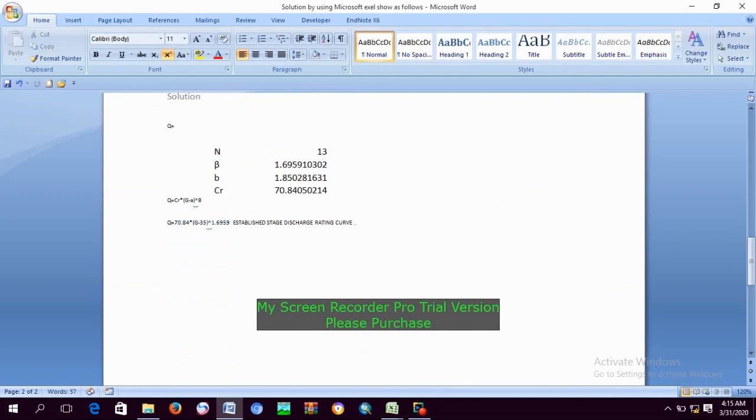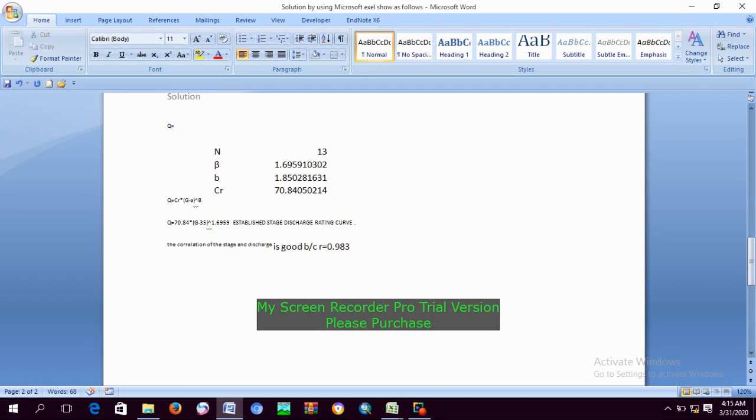Then we go to Microsoft Word. The correlation of the stage and discharge is good because r is equal to 0.983.